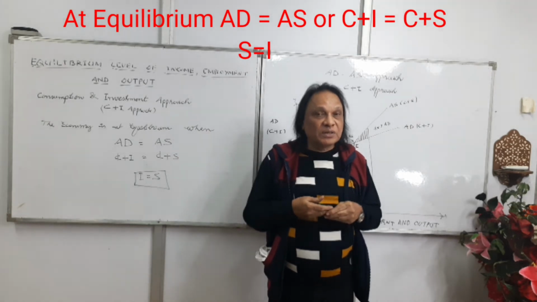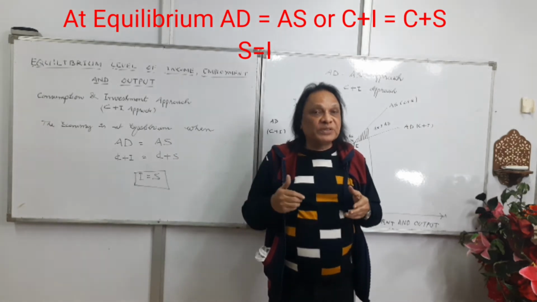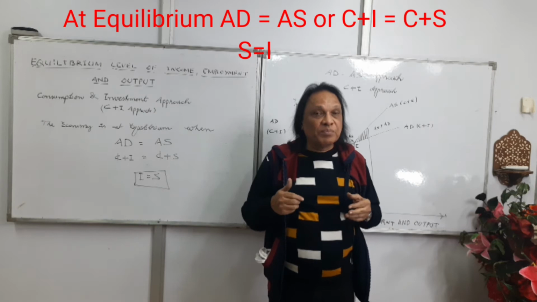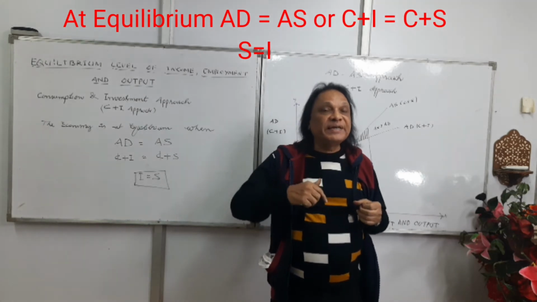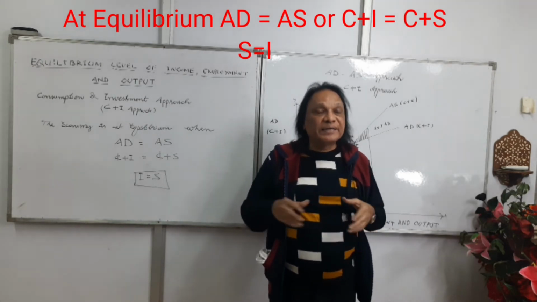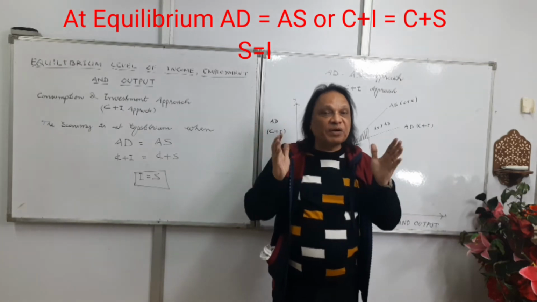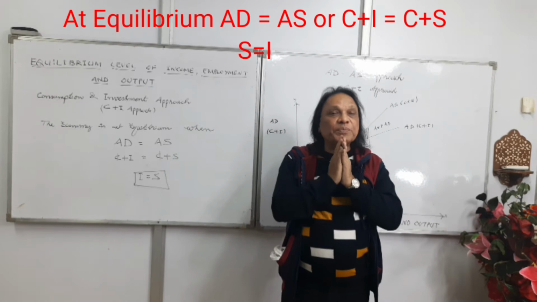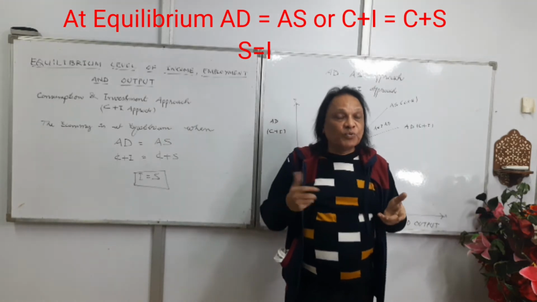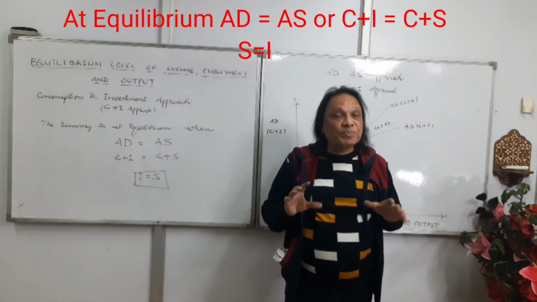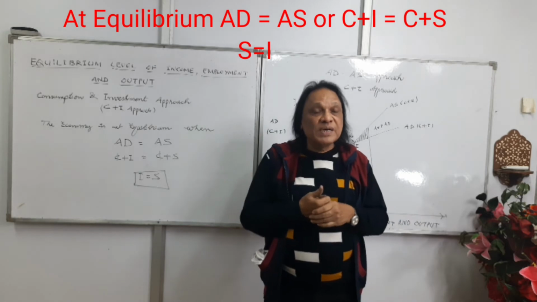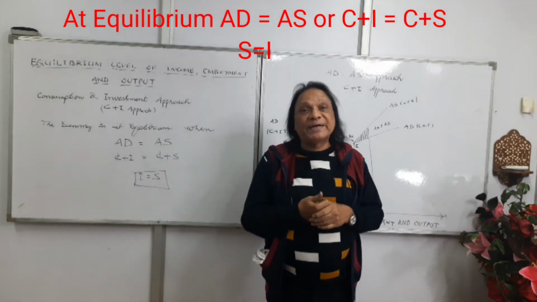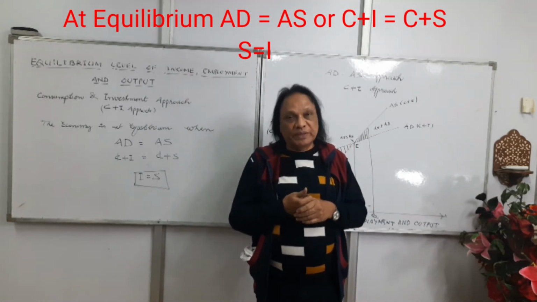That is AD, and output is AS, which is nothing but national income. We already know that AD is equal to C plus I and AS is equal to C plus S. So when AD is equal to AS, C plus I is equal to C plus S. C gets cancelled, so at the equilibrium level of income, employment and output, planned savings are equivalent to planned investment.